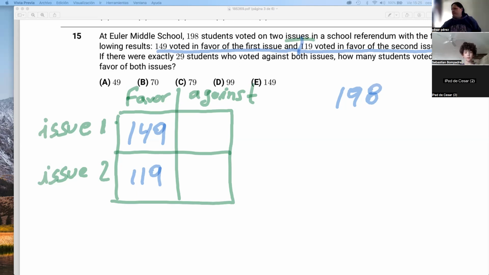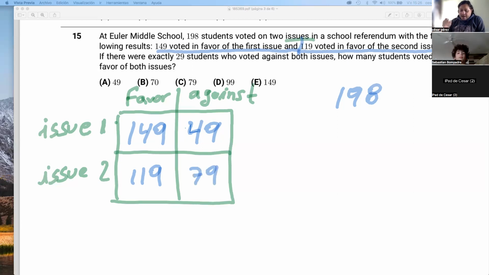Okay, issue. 49. 49, okay. And against the second issue, 79. Okay, 79.